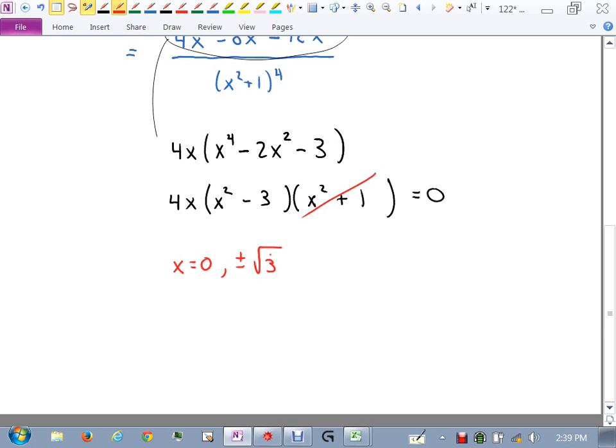Now you do a number line. Because it can't ever be 0. Right? Well, if I set that equal to 0, then I'd move the 1 over, it'd become x squared is negative 1, that's not happening. So I do this. I plug test points into the derivative.